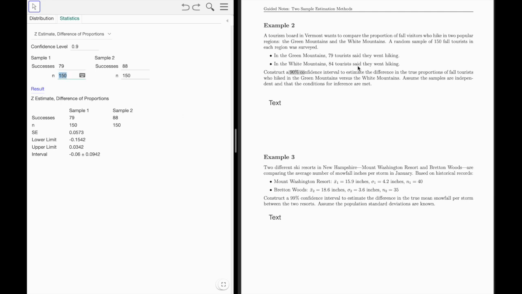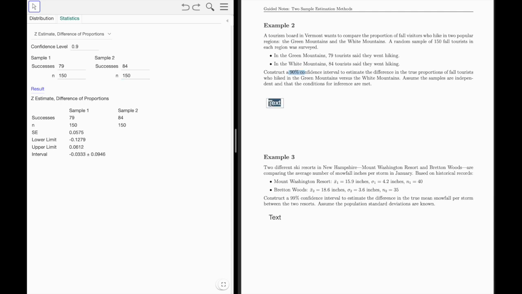For the second sample, we have 84 successes out of 150. Now, when we enter that, we get that our lower limit is negative 0.1279 and our upper limit is 0.0612.